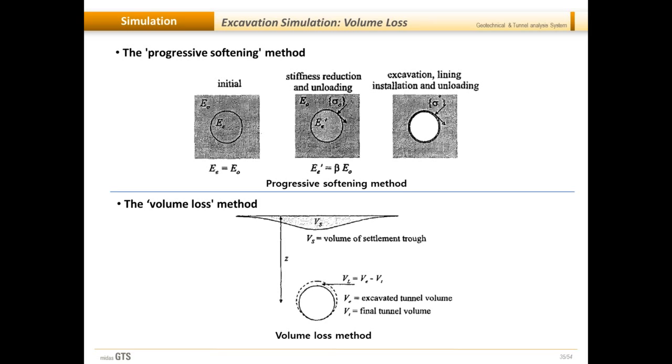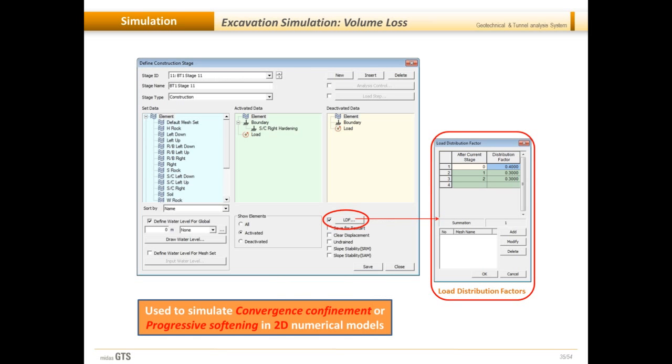So in order to get the final profile right, assume a little less than the actual volume loss depending upon your lining stiffness. So now the question arises as to how to incorporate these different ways of transferring the stresses or assuming different percentages of stresses in the real modeling.